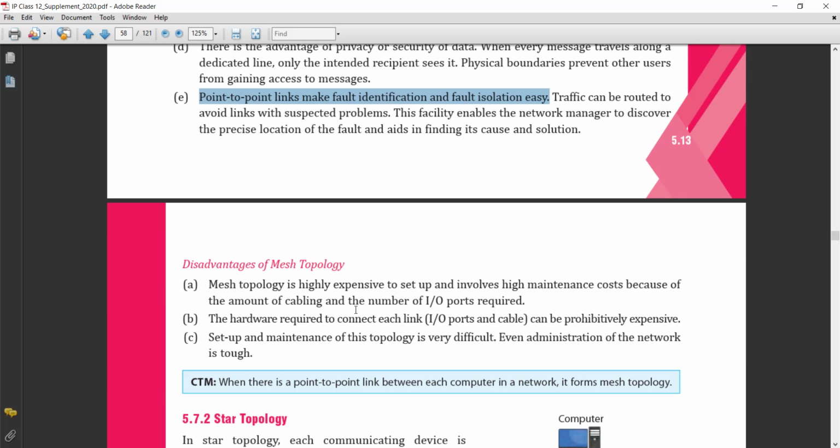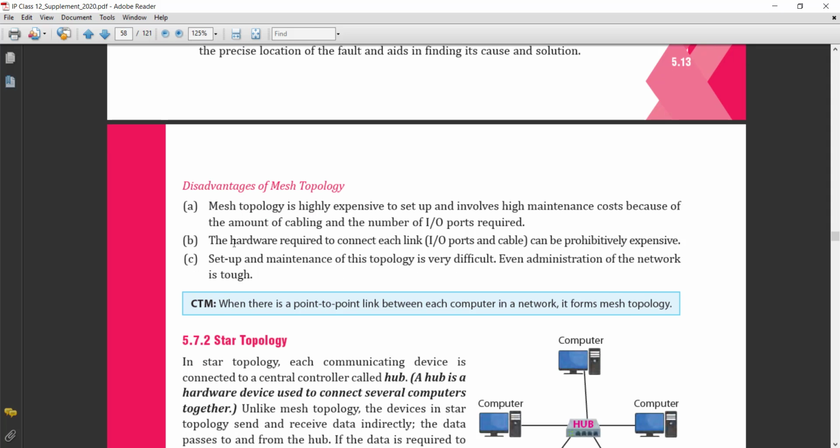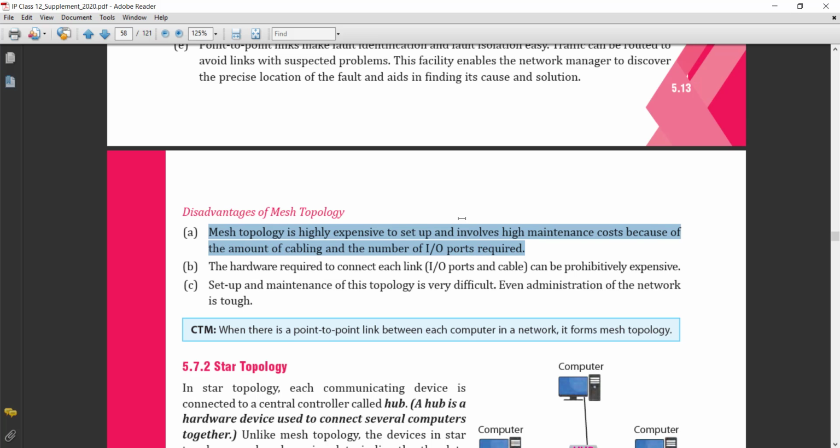Now we understand the disadvantages of mesh topology. Mesh topology is highly expensive to set up and involves high maintenance cost because of the amount of cabling and the number of input output ports required. Because there is point-to-point connection, we need more cable, and for the cabling we also need different input output ports.